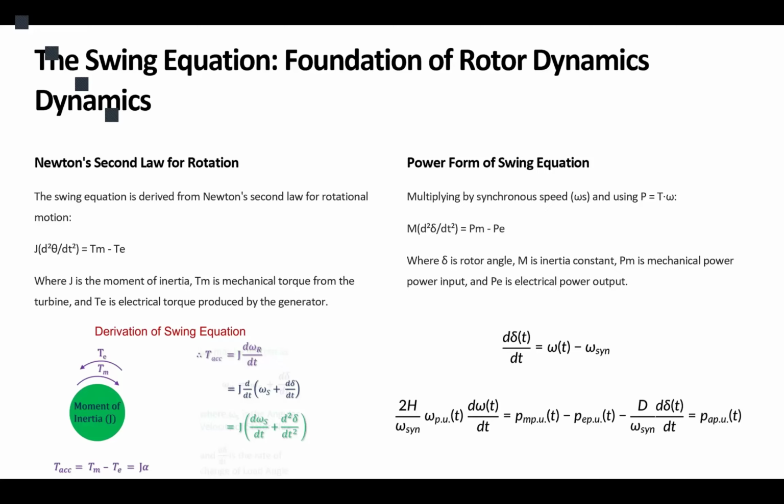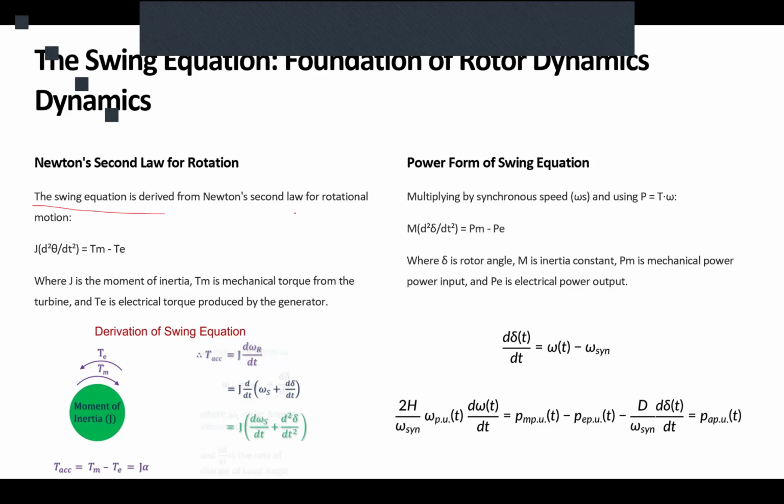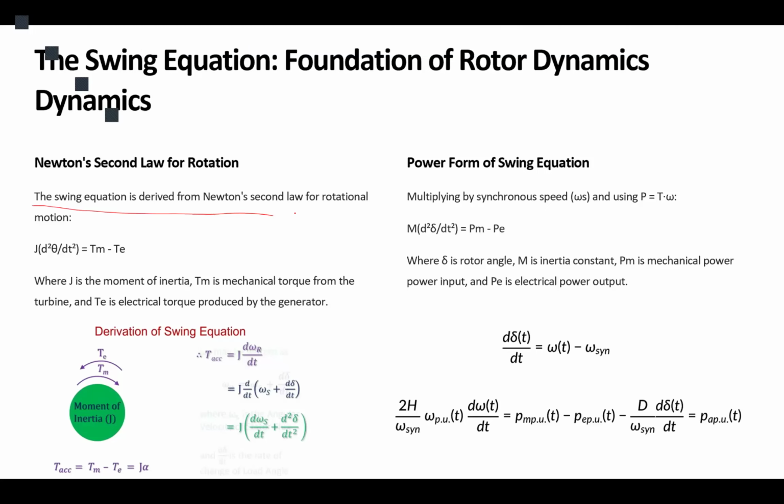Now, in a rotary machine, the transient dynamic of the system is defined by Newton's second law of rotation. Basically, you could search on Newton's second law. It starts by analyzing the forces until we get the equation for how the phase angle of that rotor would swing, or change.